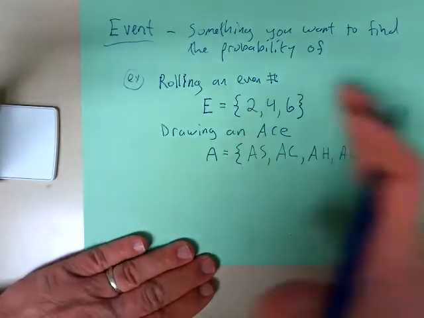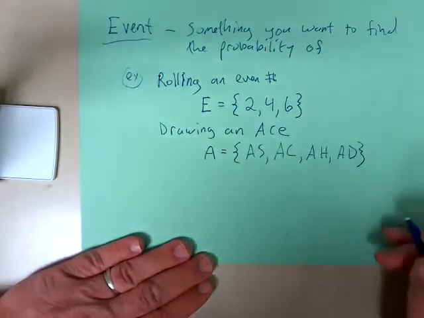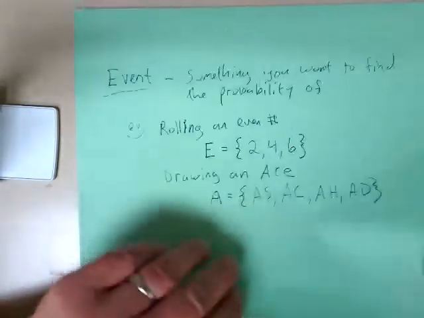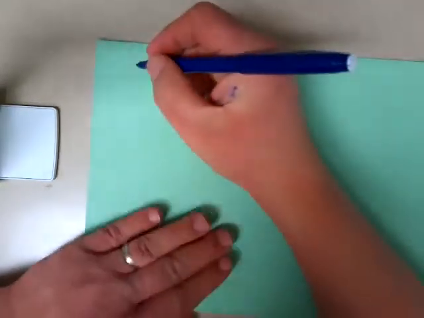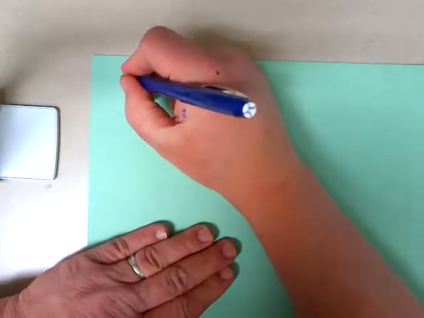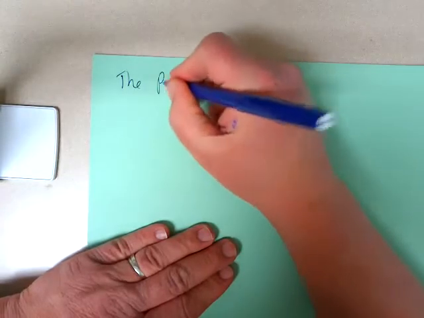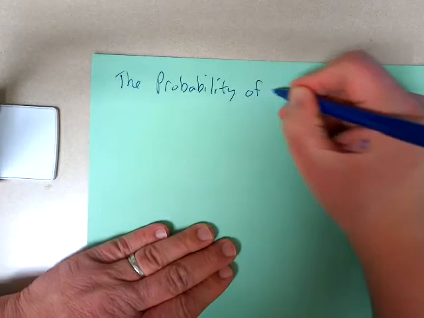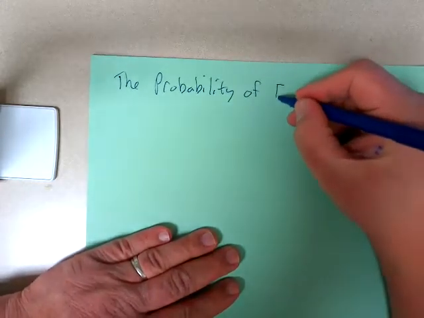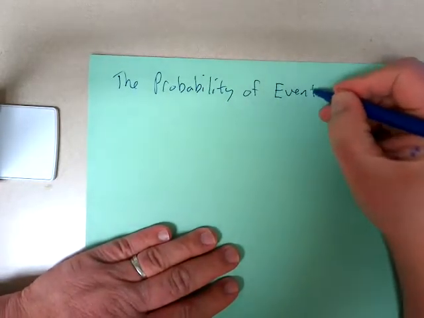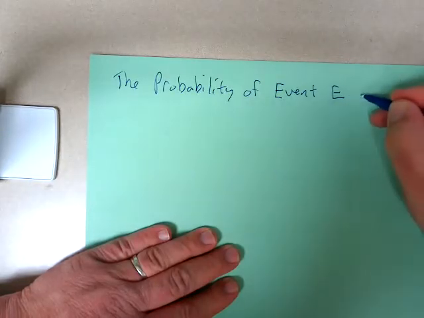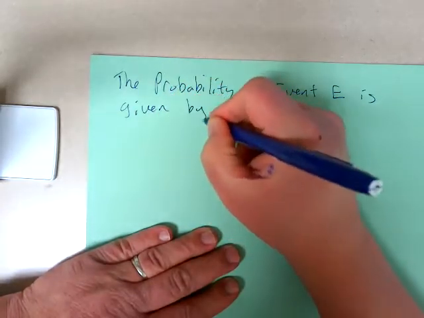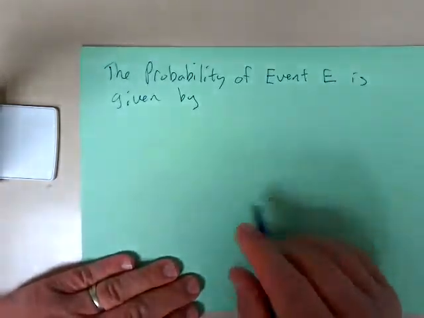So now with these things defined, I can now define a probability. And maybe I'll go to a new sheet to do this. So the probability of event E is given by the following definition.